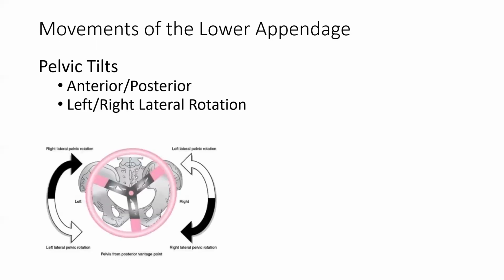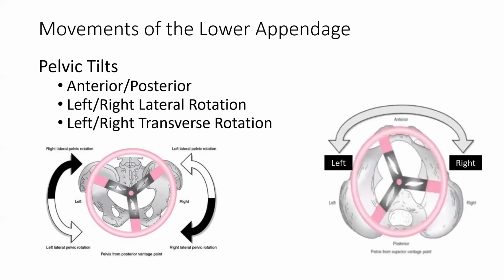It can tilt in different directions based on what's going on above and below that pelvis. So we have pelvic tilts, both anterior and posterior, left and right, and in the transverse plane. So we have sagittal plane, frontal plane, and transverse plane pelvic movements.